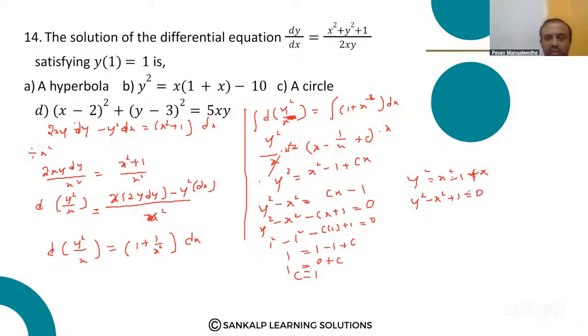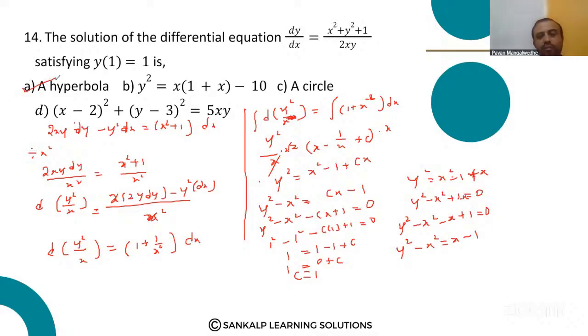Finally it is y square minus x square minus x plus 1 equals 0. Rearranging this, y square minus x square, minus x will become plus x, plus 1 will become minus 1, x minus 1. So you can see that this is nothing but a hyperbola.